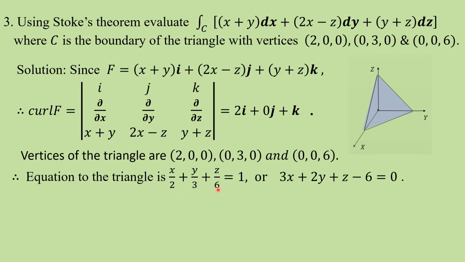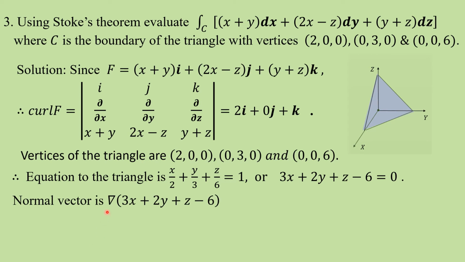Which we can simplify by taking the LCM 6. So we get (3x + 2y + z)/6 = 1, or I can say 3x + 2y + z = 6, or 3x + 2y + z - 6 = 0. So this is the equation of the surface, for which I have to find the normal, meaning the gradient.